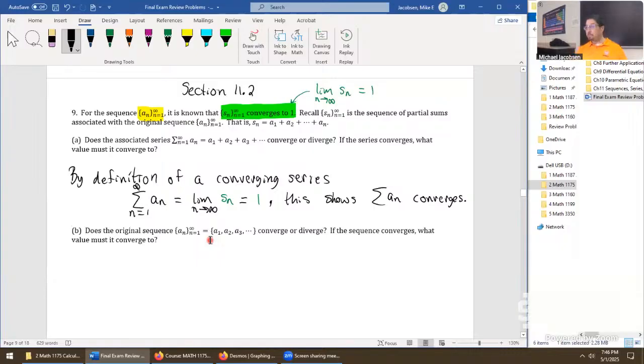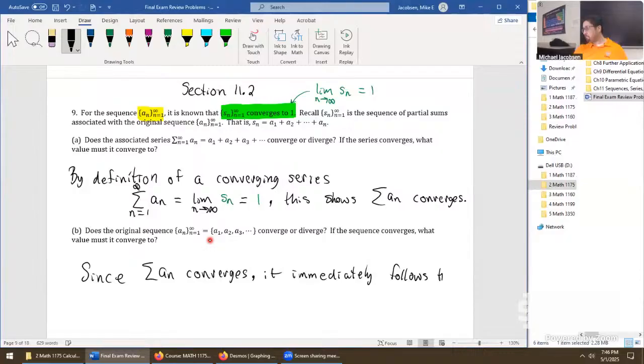In fact, another theorem in section 11.2 told us that since the summation an, the series converges, it immediately follows, for every convergent series, that the limit as n goes to infinity of an is a specific value.